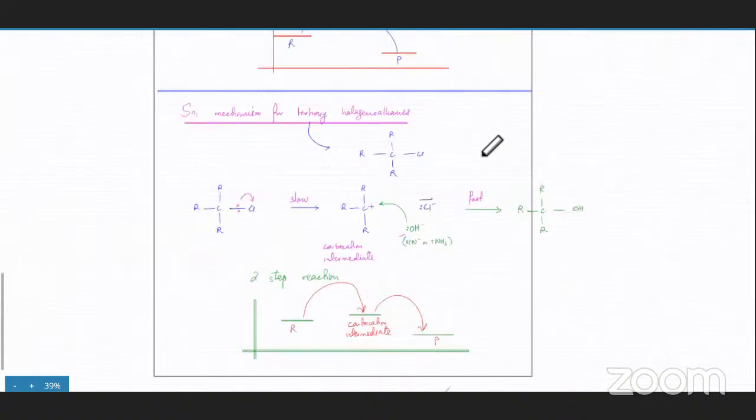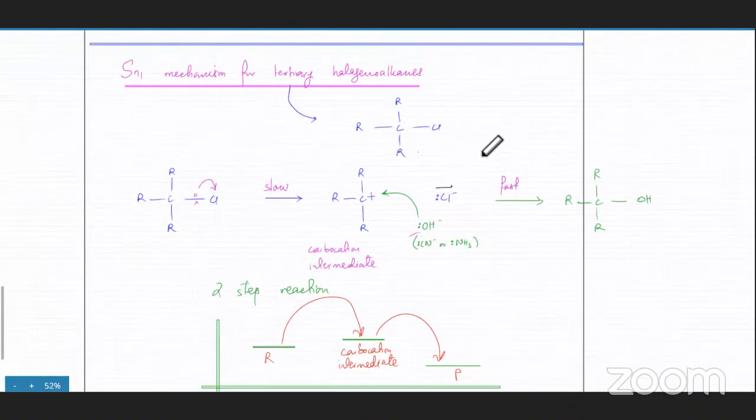But in an Sn1 mechanism, what would happen is that the carbon is surrounded by carbon chains, large groups. So in that scenario, the Cl is able to break off on its own. And why is it able to break off on its own? Because the carbon is not very strongly positive.